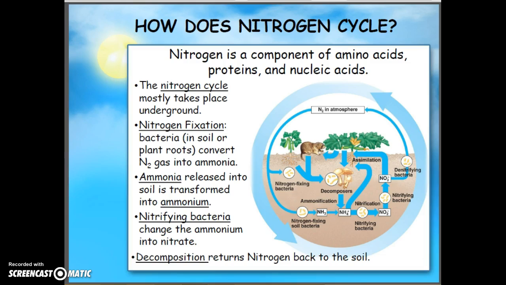This is a very complex cycle. The parts that I want you to understand is when an organism is decomposed, it's returning that nitrogen back to the soil, so the nitrogen fixing bacteria can take it in and convert it back to the nitrate.